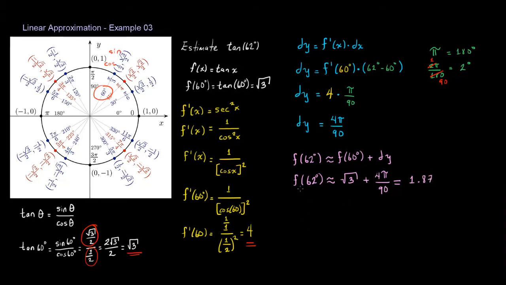Now, if you use your calculator to look for the tangent of 62 degrees, it is actually equal to 1.88. So as you can see, these two results are very close. This is our result. So that's it for this example.